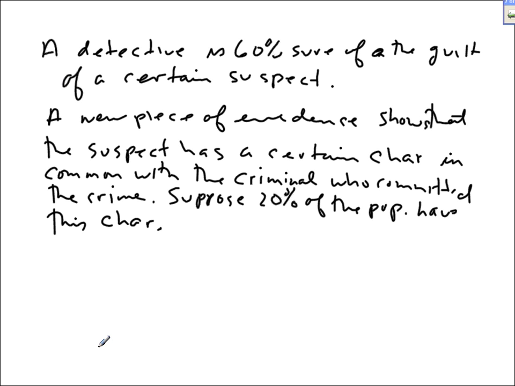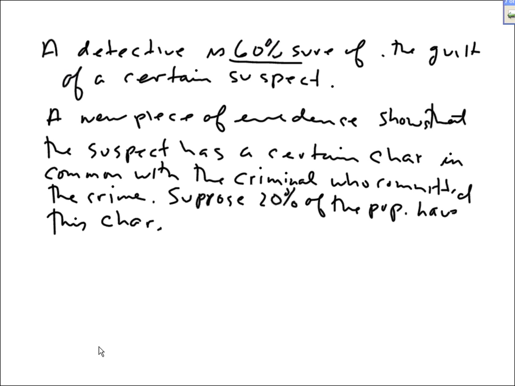The detective was 60% sure of the guilt of a certain suspect. But now new evidence came in, and you know what? It matches the suspect. The suspect has a bald head, just like the person who committed the bicycle theft.